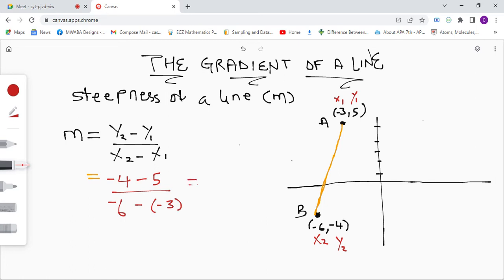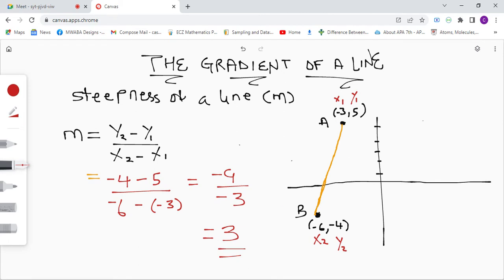So -4 minus 5, we get -9. -6 minus -3. Negative and negative make positive, so it's -6 plus 3, and we're going to get -3. -9 divided by -3, we get 3. So we have a positive slope. Our gradient is positive.